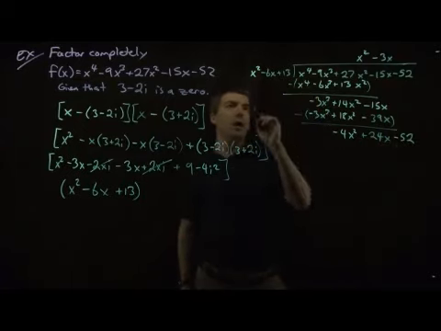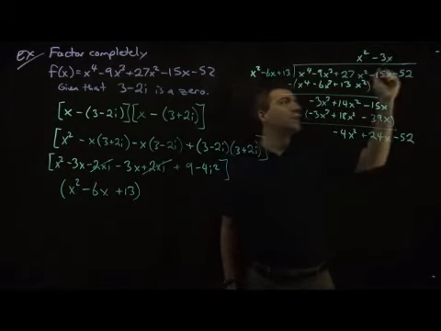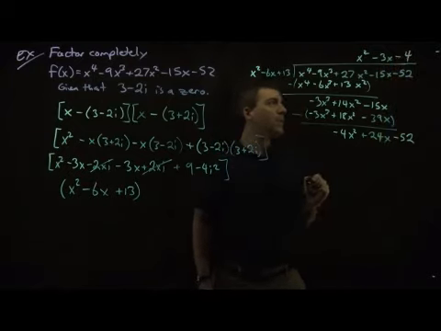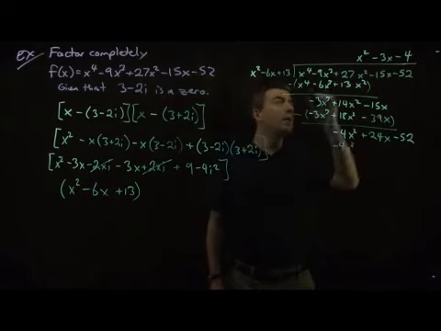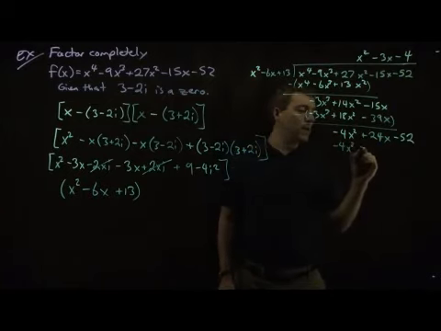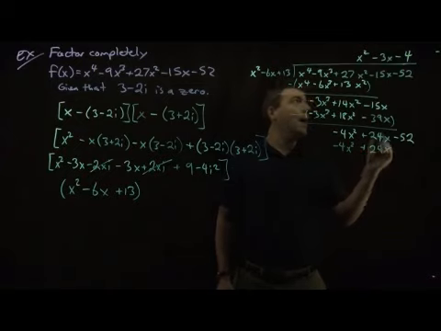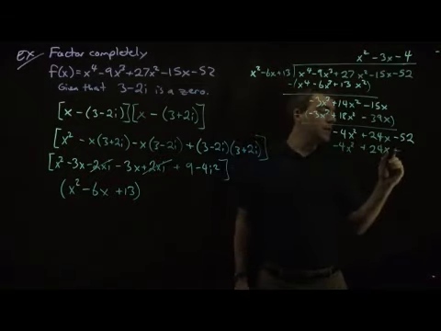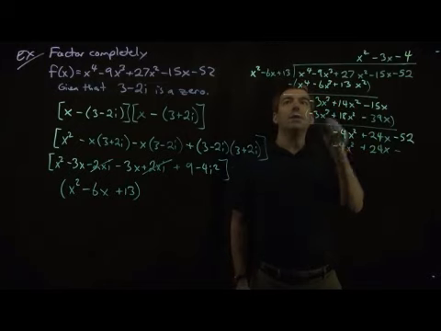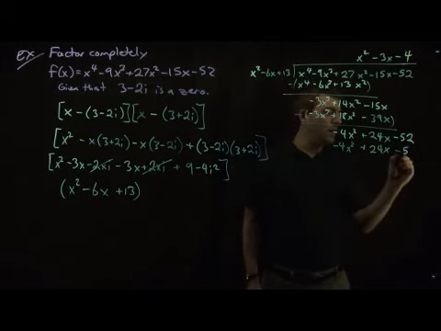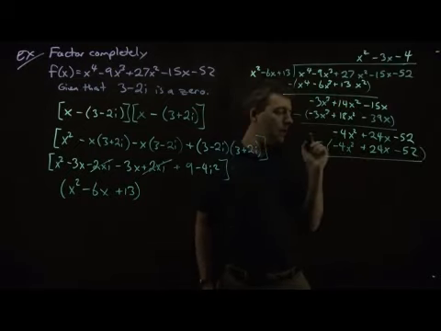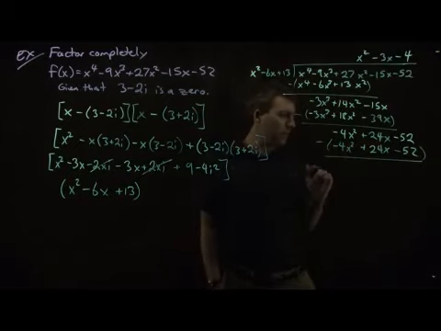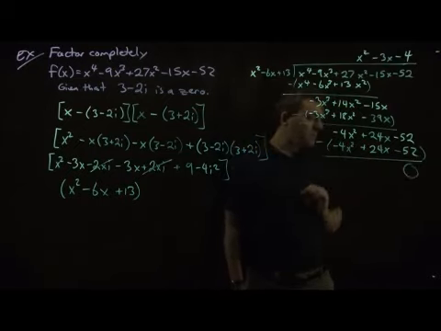And now we need to multiply x squared by something to get negative 4x squared. Negative 4. Negative 4x squared, plus 24x. Negative 4 times 13 is minus 52. And then we subtract. These happen to be the same thing, so if we subtract them, we're going to get 0.